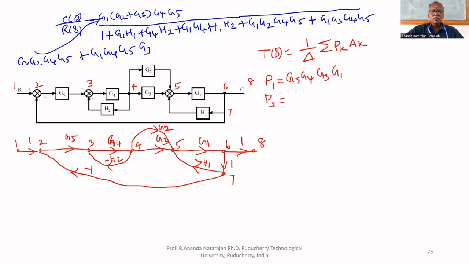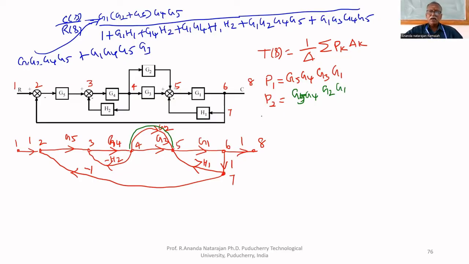Another forward path, P2, we have to go through this path instead of this path. So P2 equal to G5, G4, G2, G1. Only two forward paths.